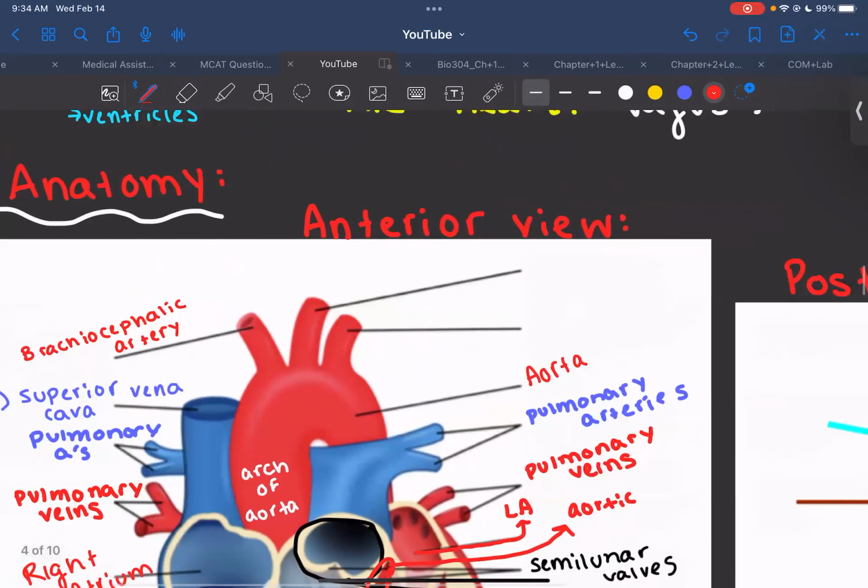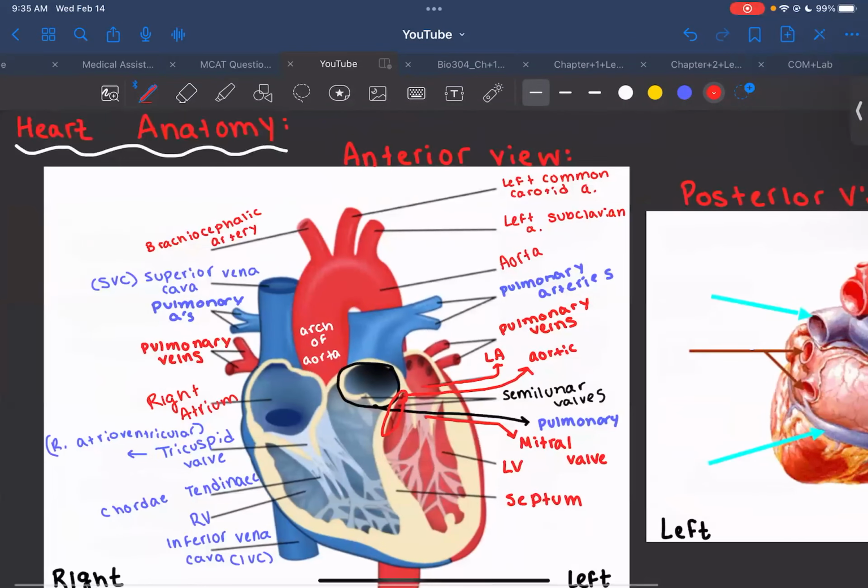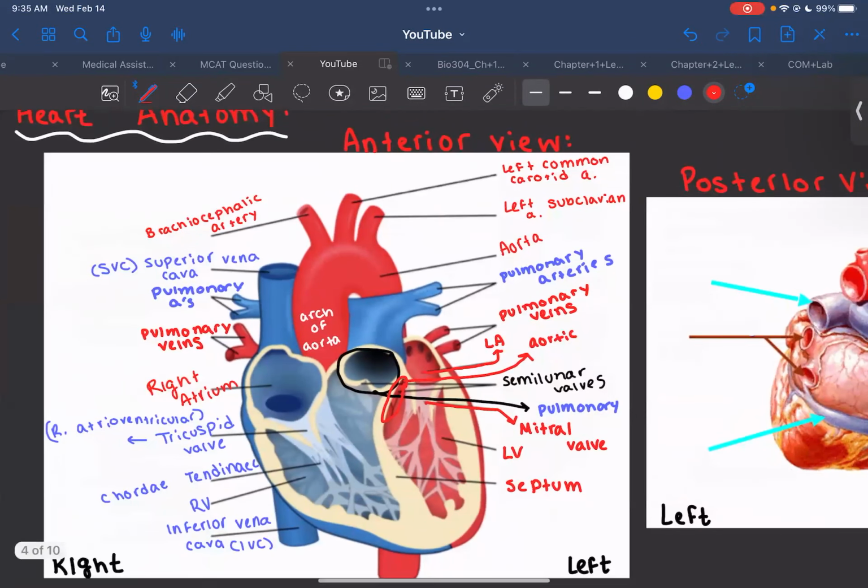Then on this side, that middle one is going to be the left common carotid. And then this is going to be the left subclavian. And these are both arteries. Sorry if that was a little chaotic, but this is going to be the labeled heart.